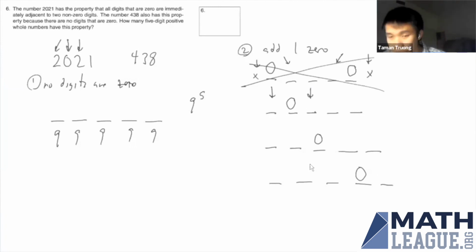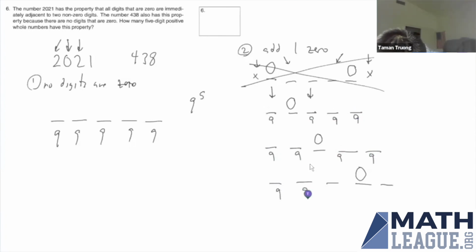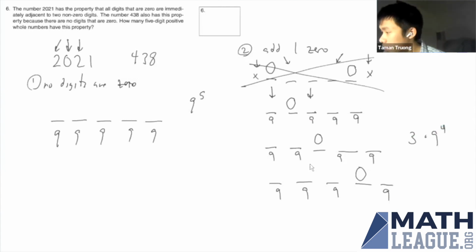And then the rightmost digit needs to be non-zero as well. So each of these has 9 choices, and in the same logic these all have 9 choices. And so in the add 1 zero case, each one has 9 to the 4th, and there are 3 possible cases. So we have 3 times 9 to the 4th cases total.